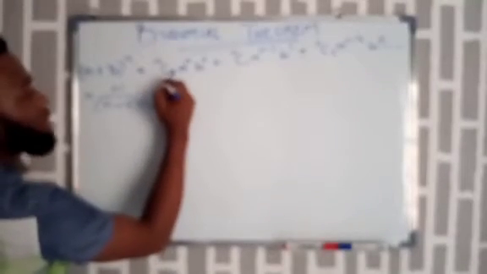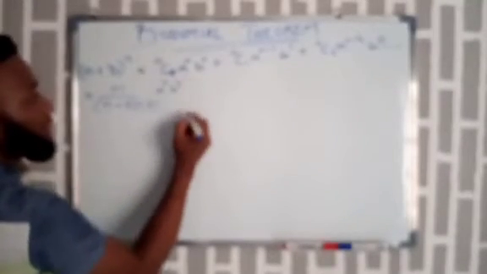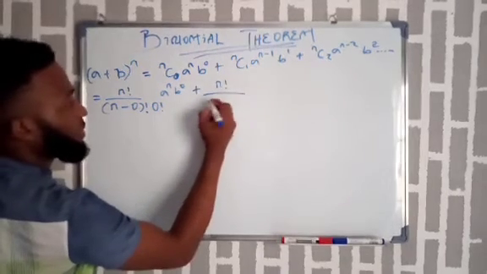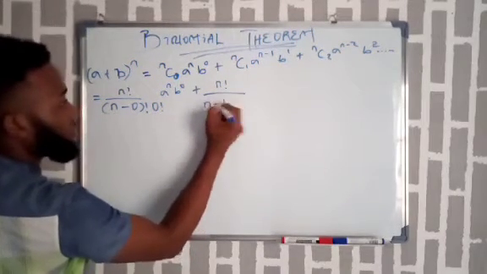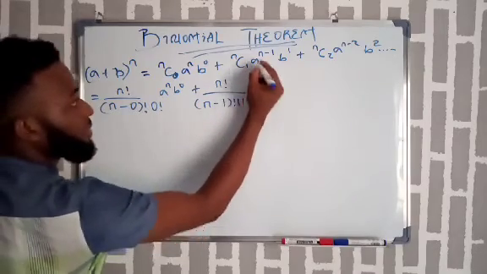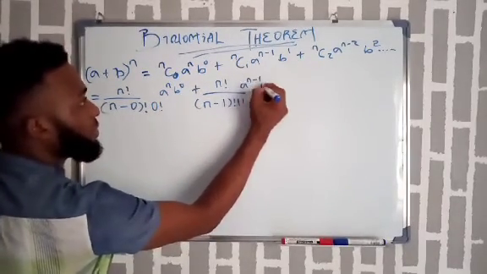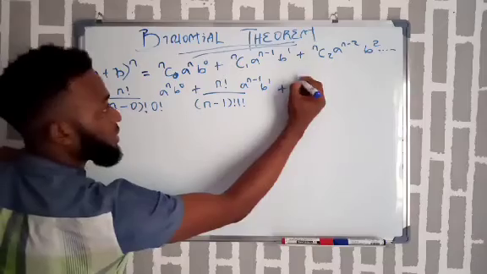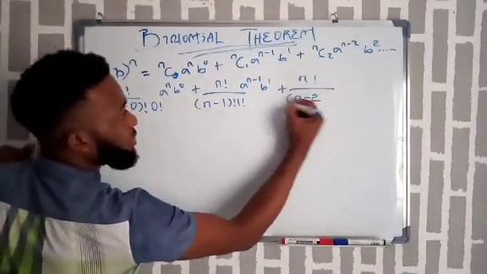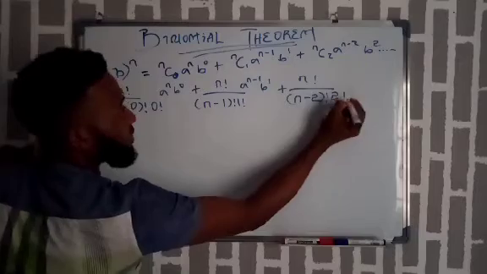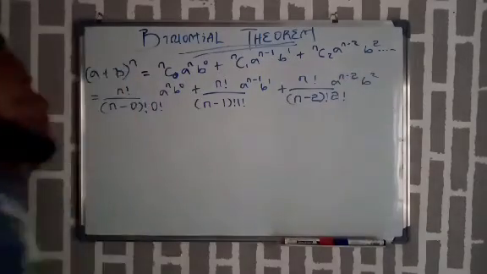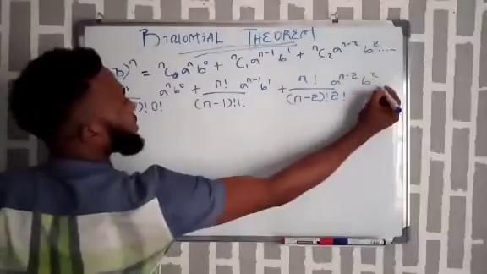So this is a raised to power n, b raised to power 0, yeah. Then this becomes n factorial over n minus 1 factorial, 1 factorial, then adding up a^(n-1) b raised to power 1, plus n factorial over n minus 2 factorial, 2 factorial, then a^(n-2) b squared, yeah, and so on and so forth.